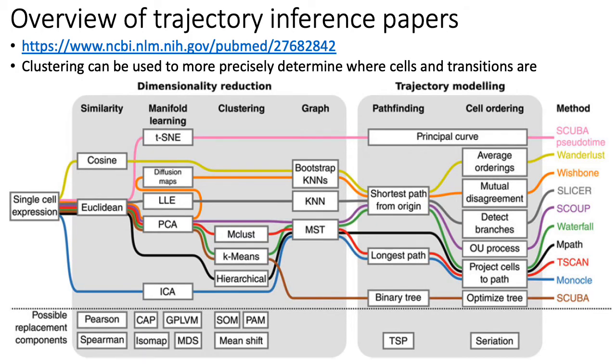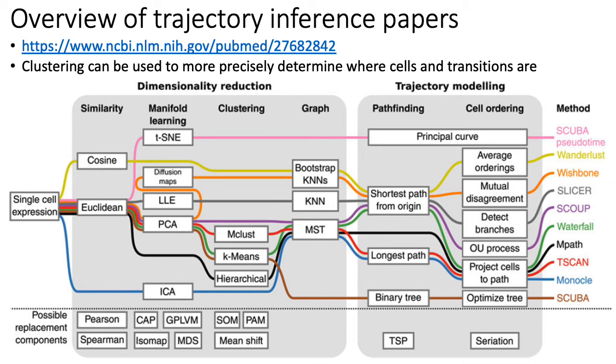The final thing I want to say about trajectory inference is that because it is one of the motivating applications of the single-cell RNA-seq protocols, there is a tremendous variety of trajectory inference software that you can use to infer trajectories.